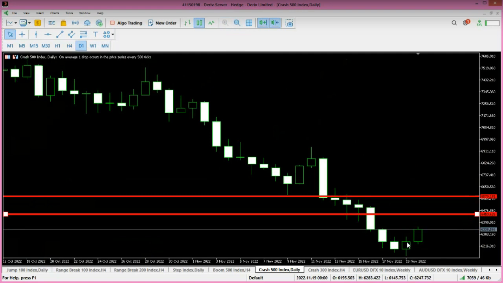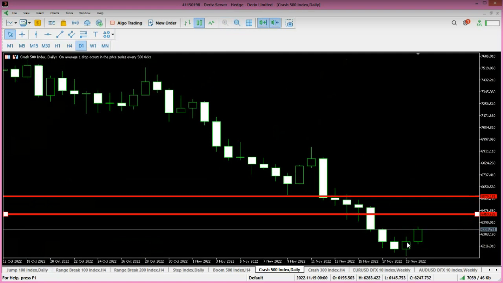So if it is going down, we need to make sure that everything from the daily candlestick, 4-hourly time frame, H1 and M15 also follows through. This is a very simple strategy, guys. Very, very simple. It's not that difficult.